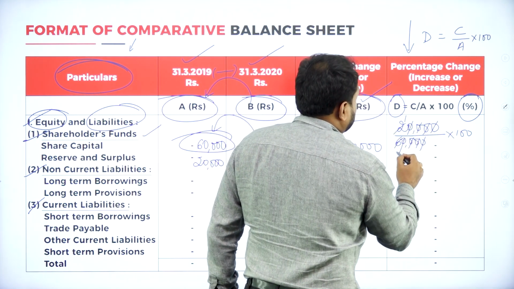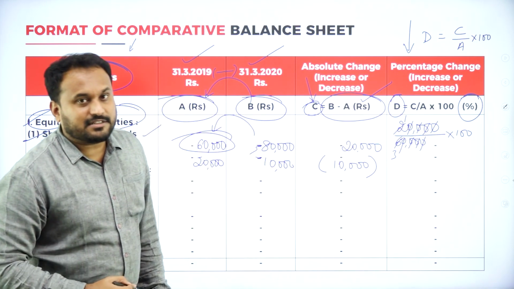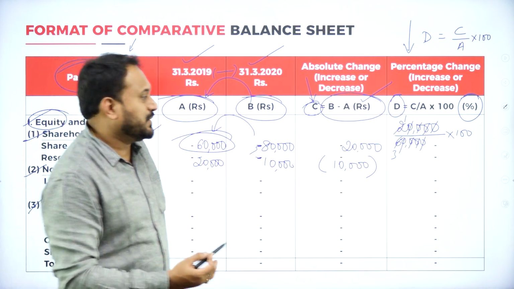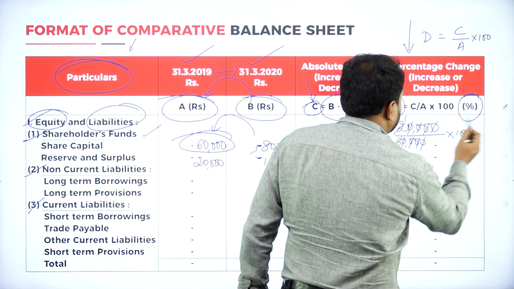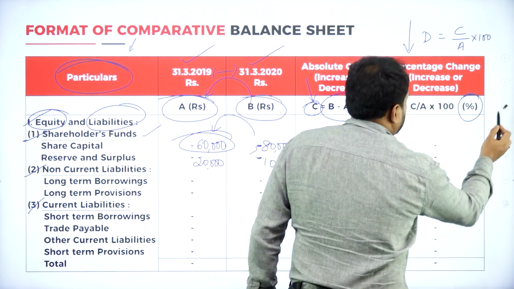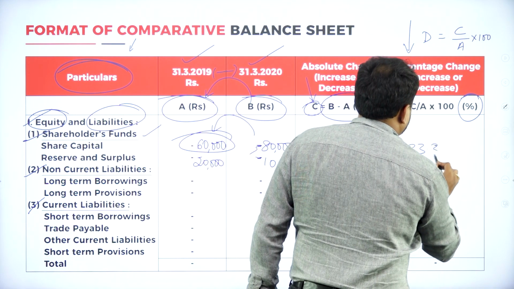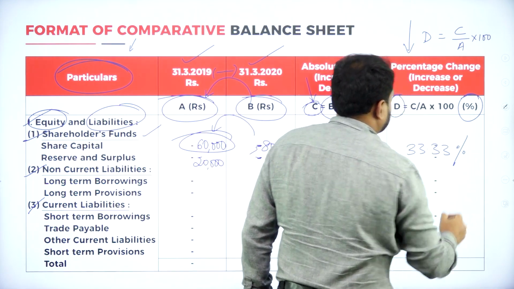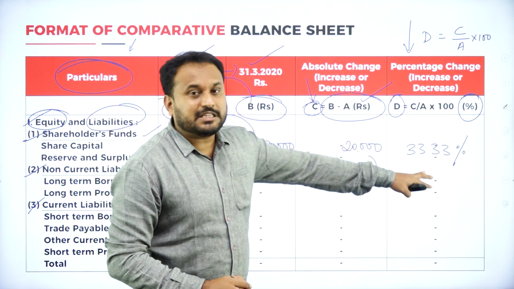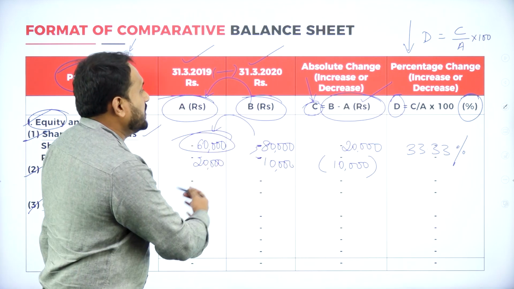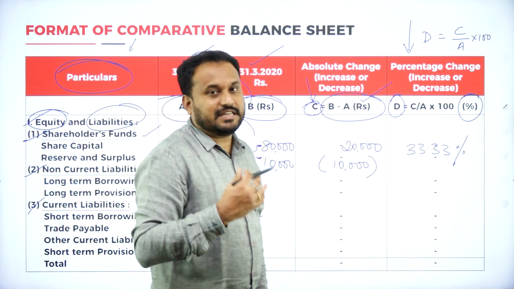Now 2 ones are 2, 3s are. 100 divided by 3 is 33.33%. So this D column is the percentage column. That is how we go with a comparative statement.